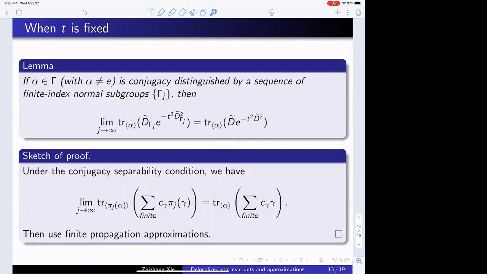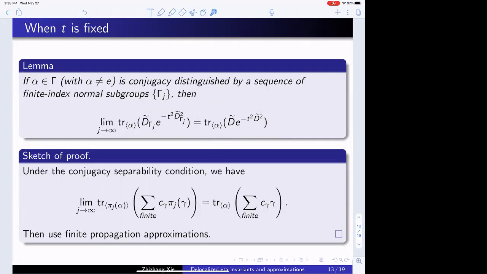So pointwise, in other words, if you look at this integrand as a function, then pointwise it does converge to this delocalized function on this big cover.